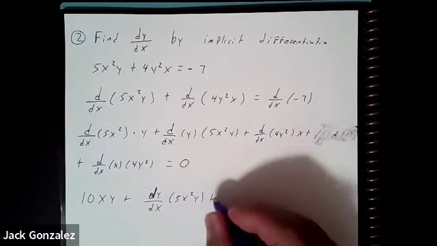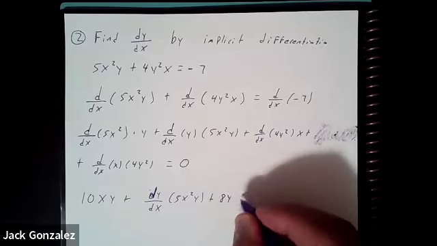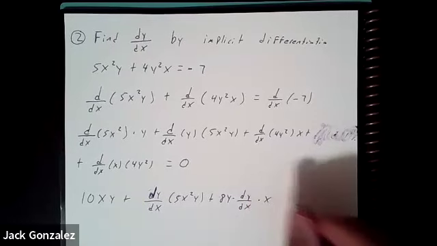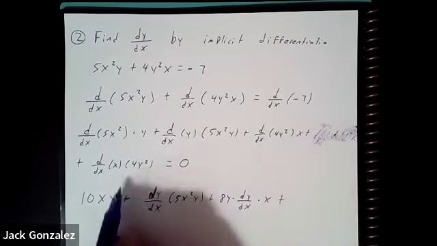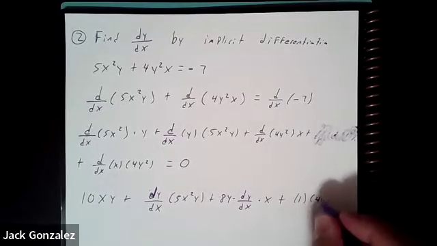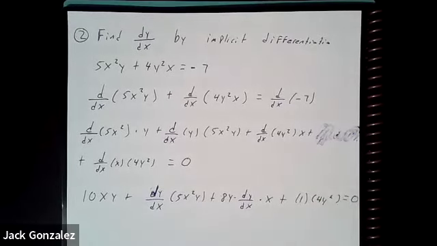The derivative of this will be 8y times dy dx times x, plus the derivative of x is a 1 times 4y squared, equals 0.